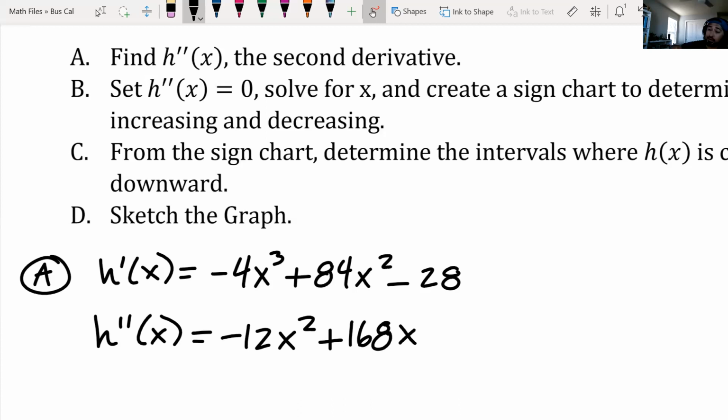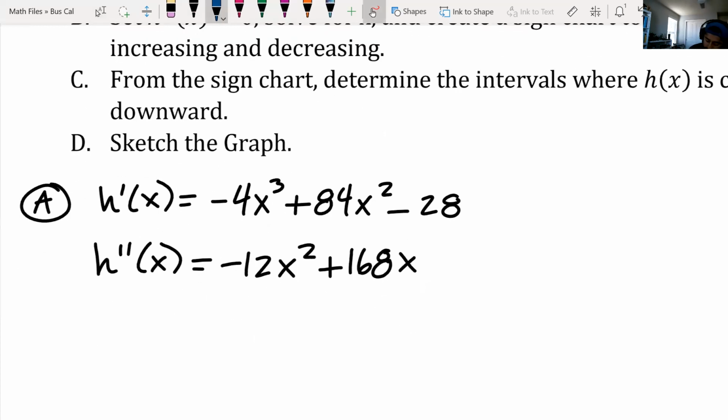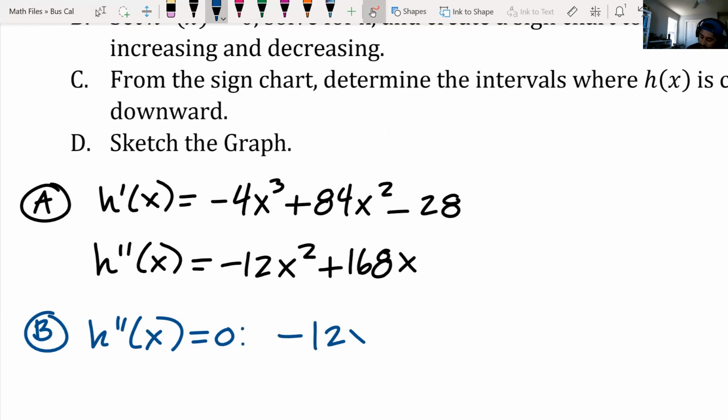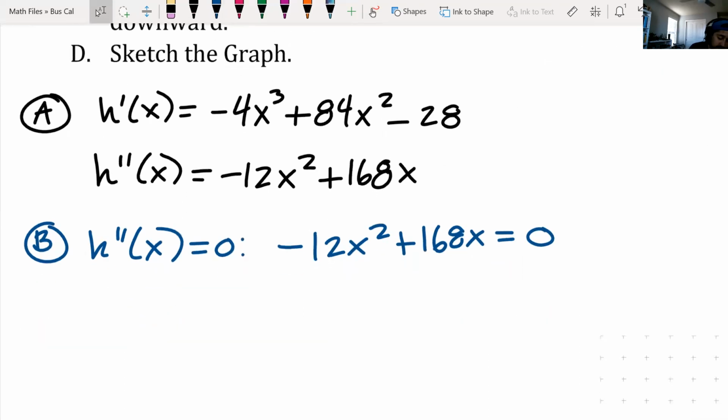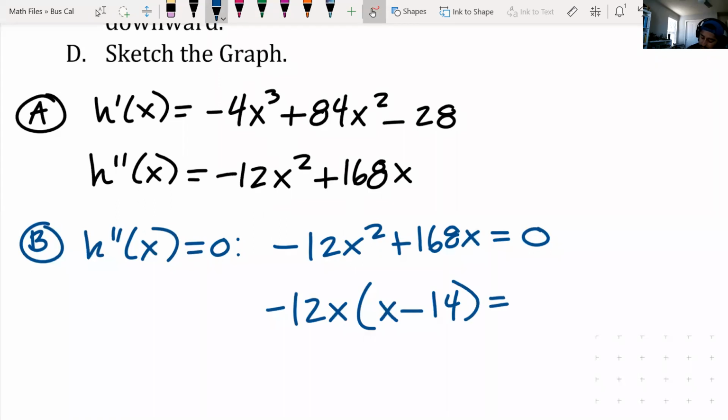The next step is we're going to take our second derivative, set it equal to 0, and solve for x. So here's step B. Take h double prime of x, set it equal to 0. You get negative 12x squared plus 168x, set equal to 0. I can take out a 12, so I'm going to factor out a negative 12x, and that'll leave me with x minus 14 equal to 0.